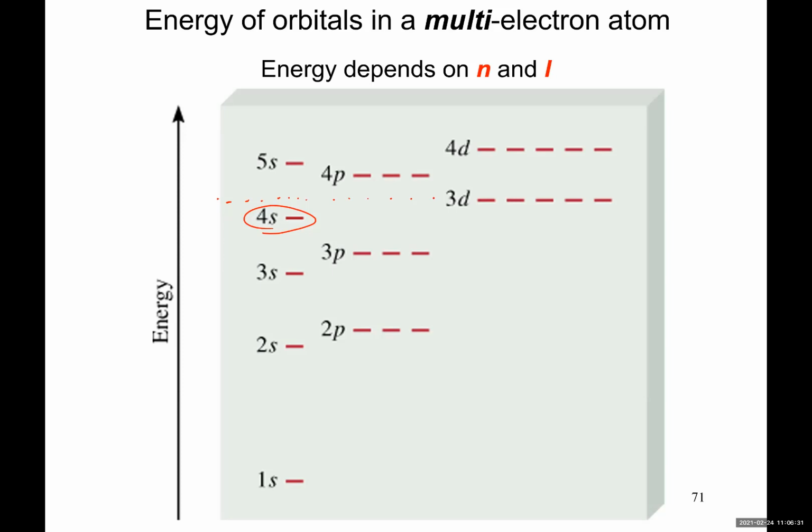In combined factor, now you have energy of electrons in an atom: minimum energy is 1s, then 2s, then 2p's, 3s, 3p's, 4s, 3d's, 4p's, 5s, and 4d's.